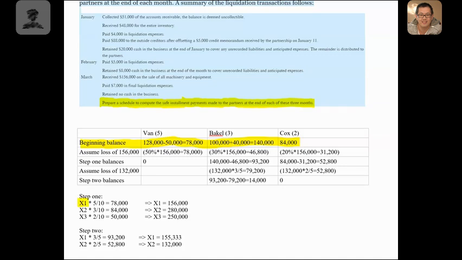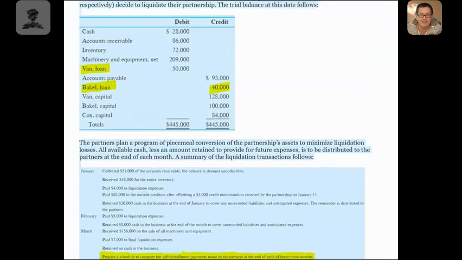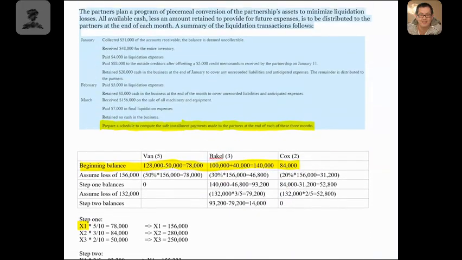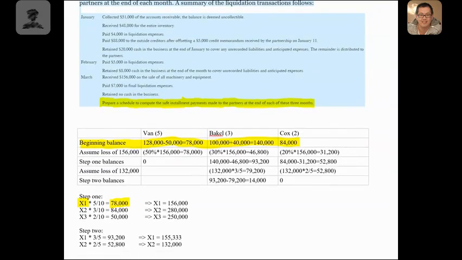So x1 times 5 over 10, because based on the ratio provided here, 5:3:2, Van will take 50% of the loss. And to eliminate its 78,000 capital balance, the total loss x1 we need is 156,000. We do the same calculation for the other 2 partners, and it turns out that Van is the most vulnerable one, the weakest one, and we can eliminate his capital balance with the smallest loss.